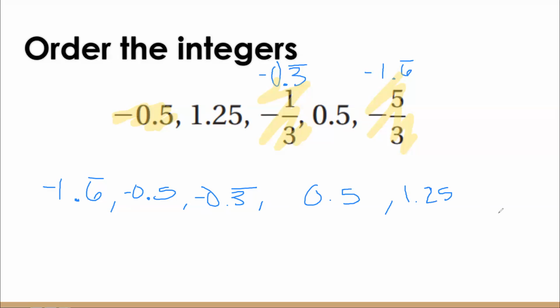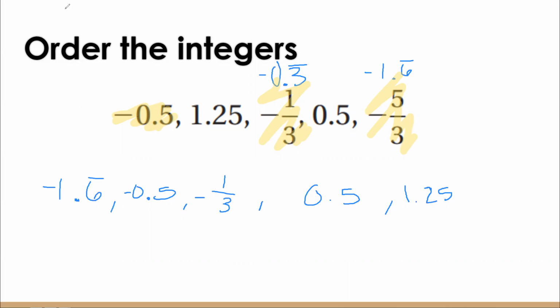Now that I have these numbers in order, I have to make sure that I go back and use the original numbers. So when I wrote that negative 0.3 repeating, I should be writing negative 1 over 3.